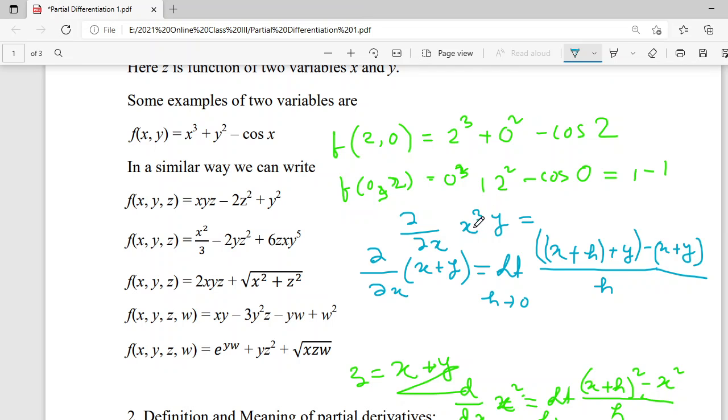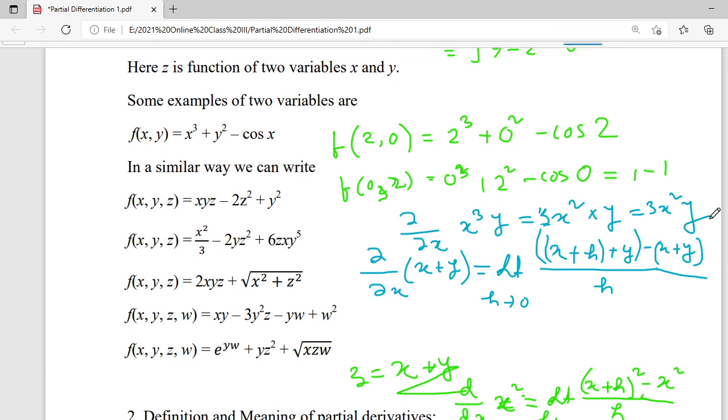That is 3x square, so 3x square into y, equal to 3x square y. So this is the partial derivative.